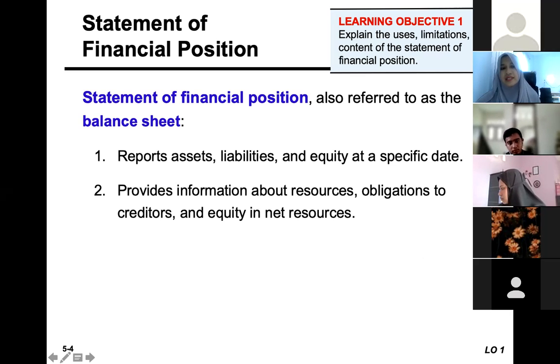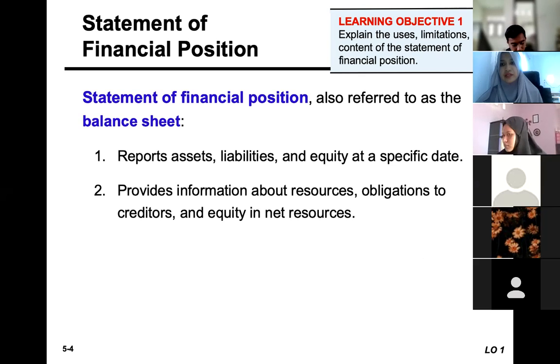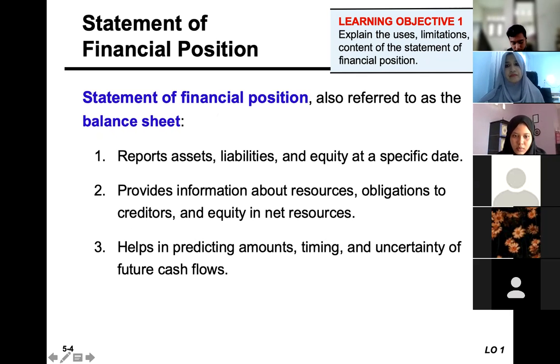So basically, statement of financial position is the reflection of the accounting equation, because you will see the summary of assets, liabilities, and equity at a particular date. Okay, and the users use the information in the statement of financial position to predict or estimate the amounts, timing, and uncertainty of future cash flows.